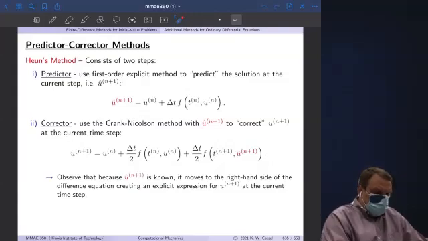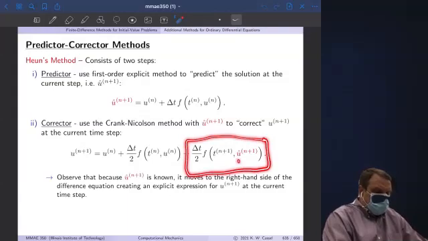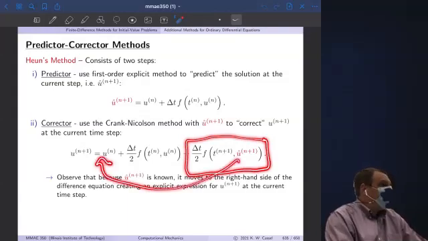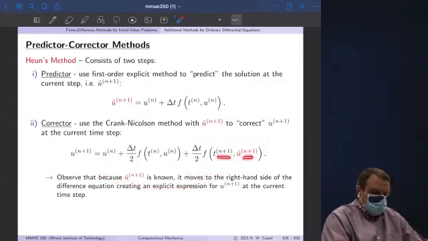Now, one thing you'll notice, last time in the Crank-Nicolson method, this term was actually on the left-hand side because it's n plus 1. So we don't know the solution yet, so we had to solve for it implicitly. Here, however, we do know the u hat^(n+1) because we got that in the prediction step.